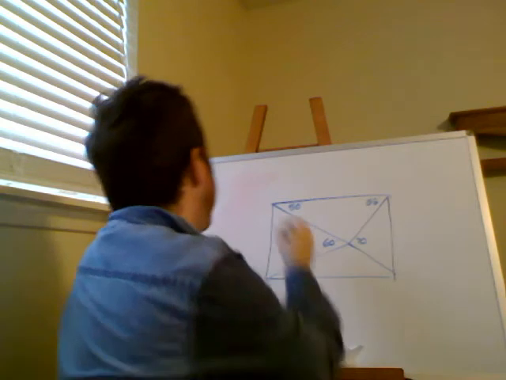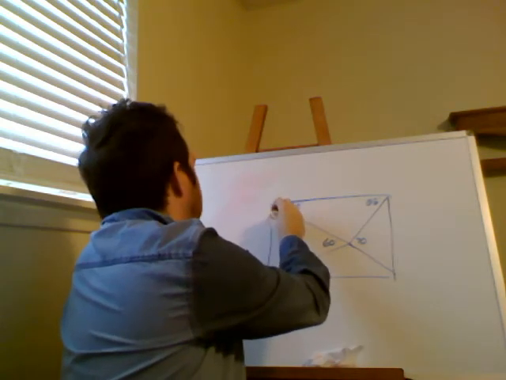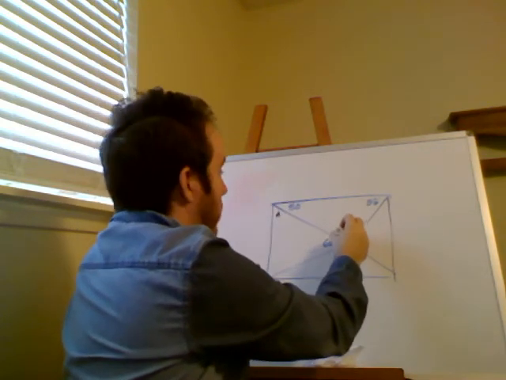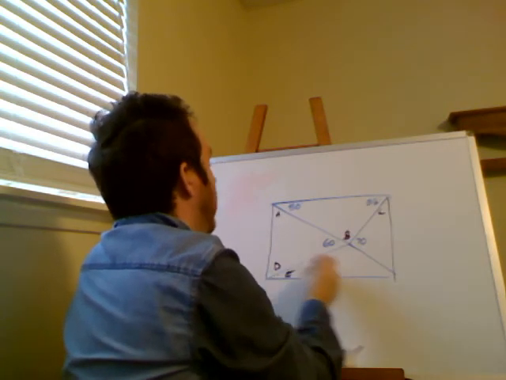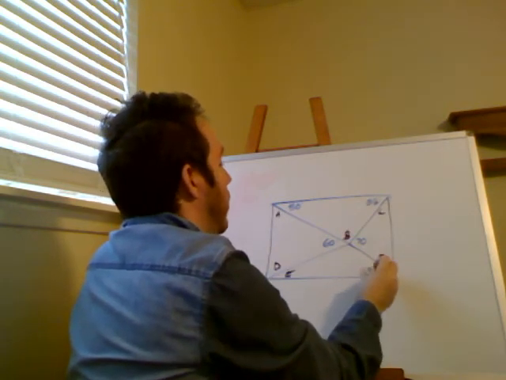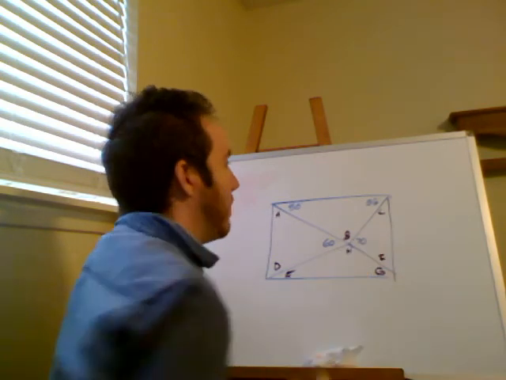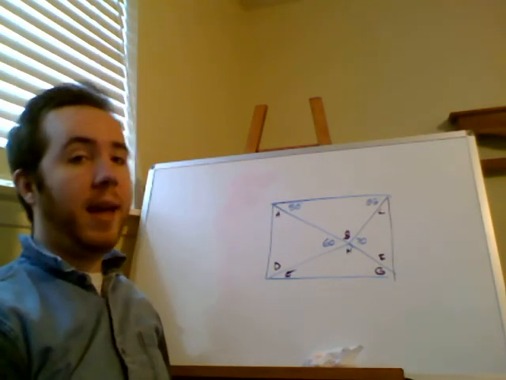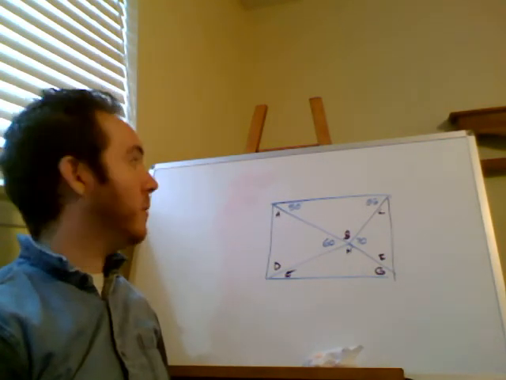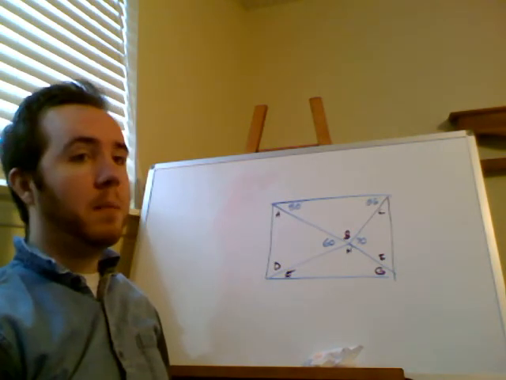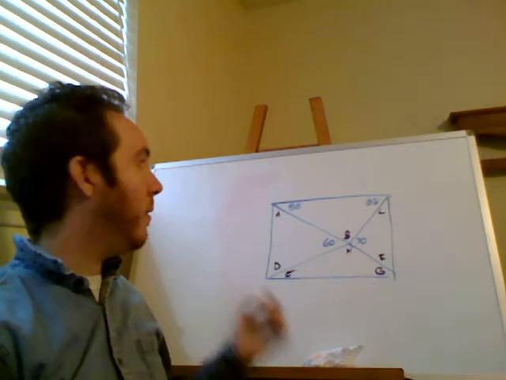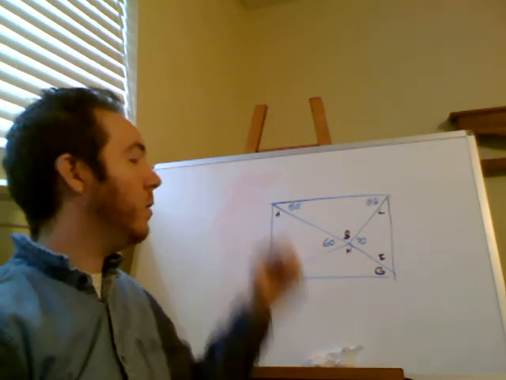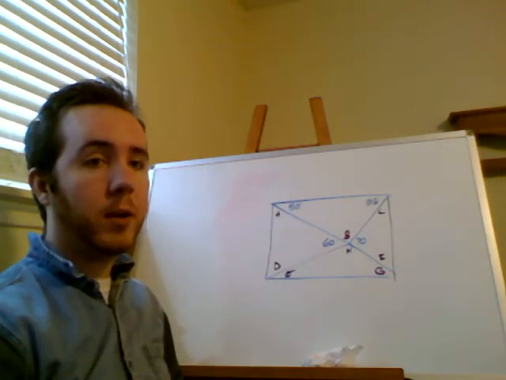Okay? We have to find this one, this one, this one, this one, this one, this one, and this one. Okay? So we have to find 8 different variables, A through H. And we're going to put them all in the same blank. But we can do that even from only 4 numbers given using our knowledge of geometry.